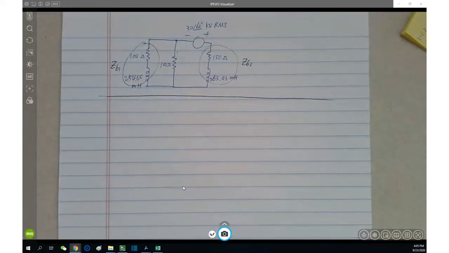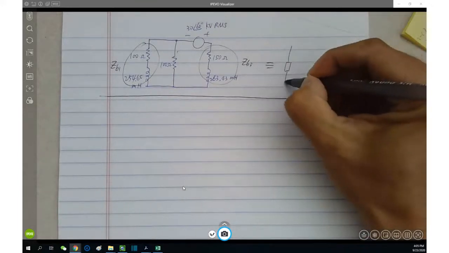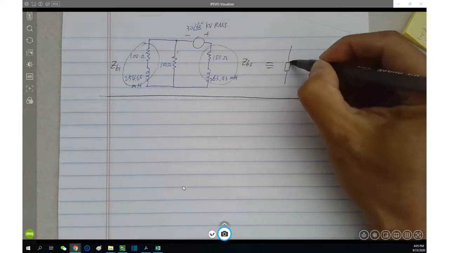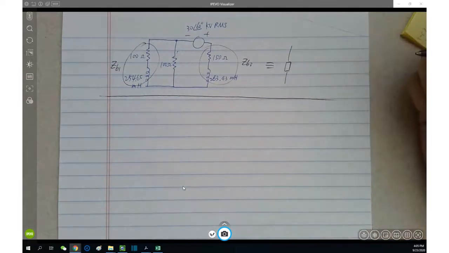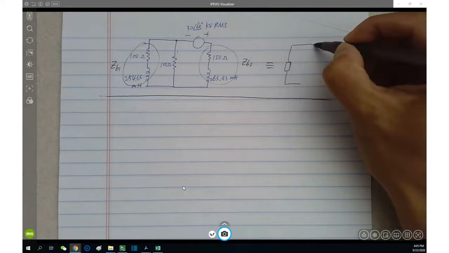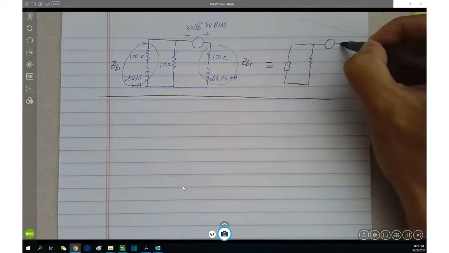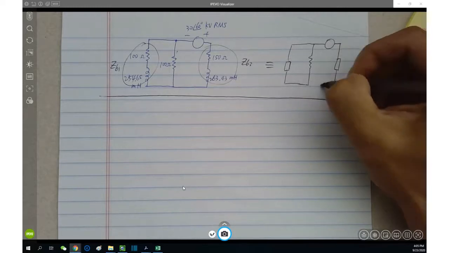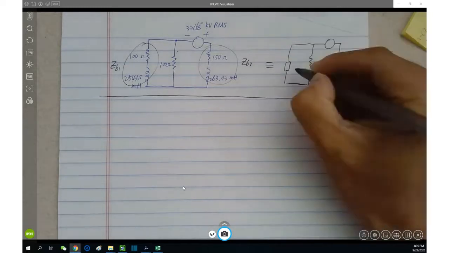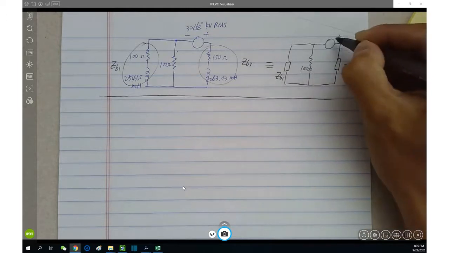I'm just using a rectangle to represent an impedance, so it's not necessarily a resistor, inductor, or capacitor. You have ZB3 here, ZB1 here, and this is the 100 ohm source over here.